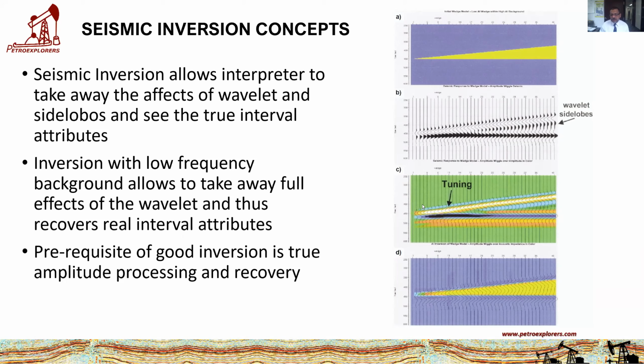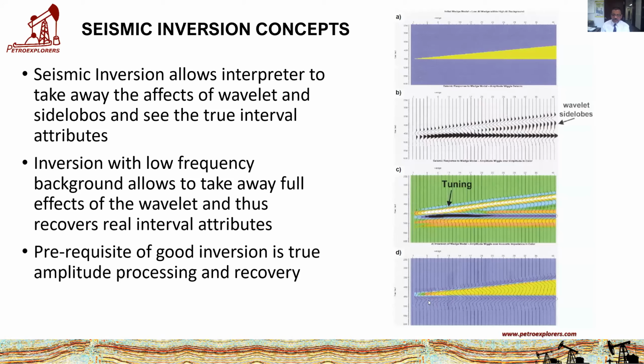Once you change into colors the older way, then you start seeing the tuning, and if you can remove the wavelet or deconvolve the wavelet, that is the process called inversion. But there will still be side lobes and some effect of the inversion residual. But it is showing what the inversion would be.